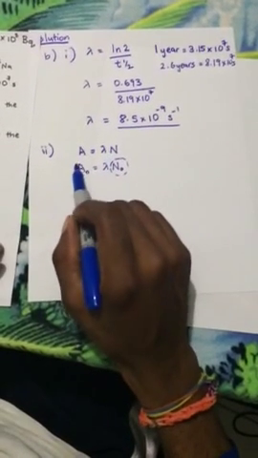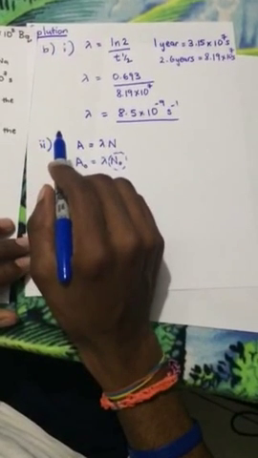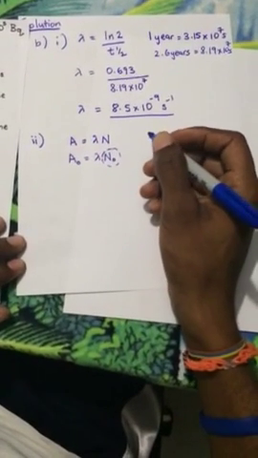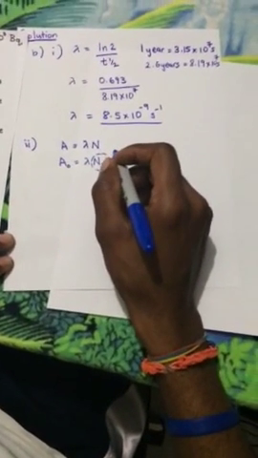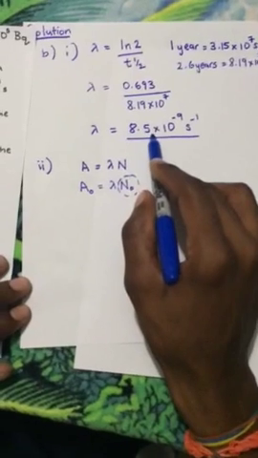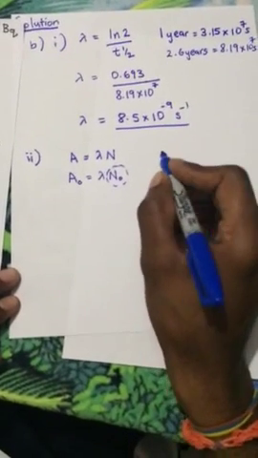The initial activity of the sample is 5.5 times 10 to the 5 becquerel, and we just worked out our lambda to be 8.5 times 10 to the minus 9 per second.